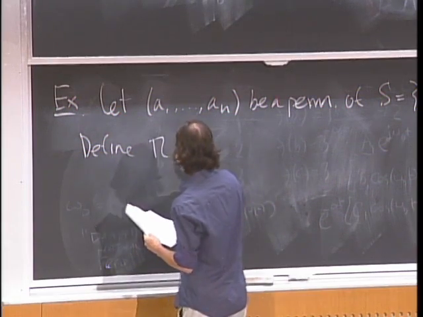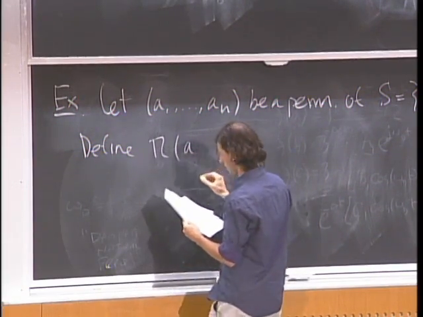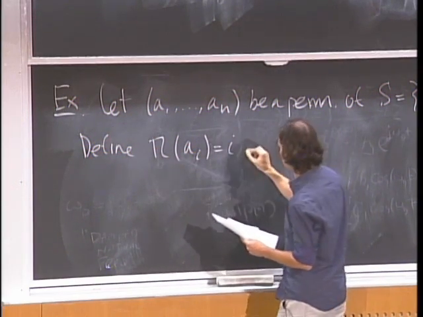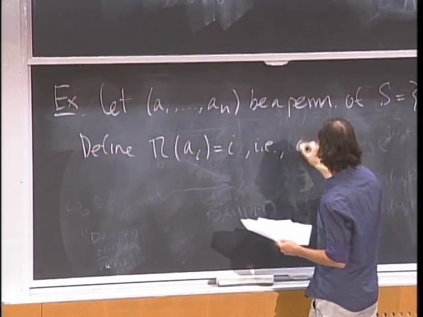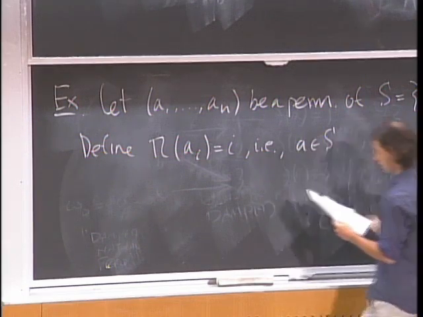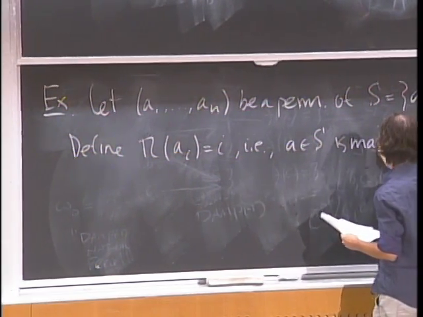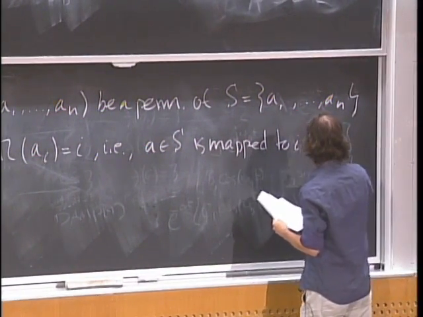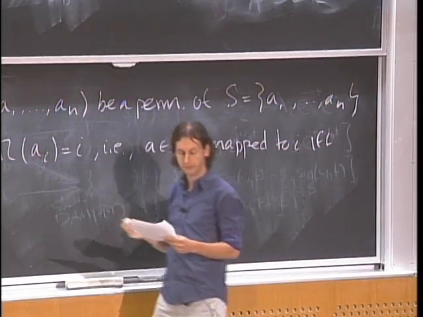We say that pi evaluated in AI gives us output I. Actually, what we mean here is that if we take an element in S, then this one is mapped to I under this function, if and only if A is in the ith position in this permutation.